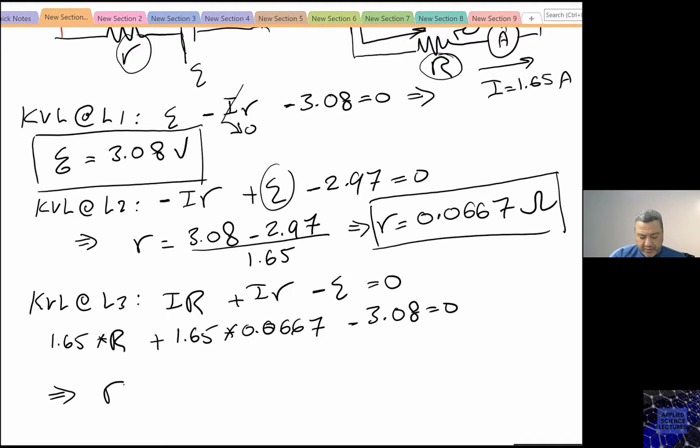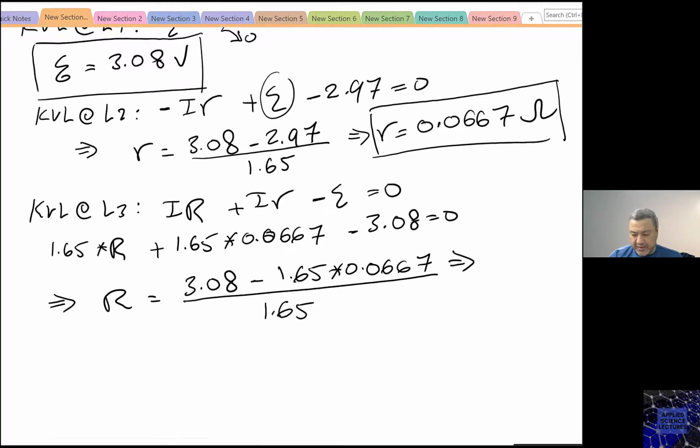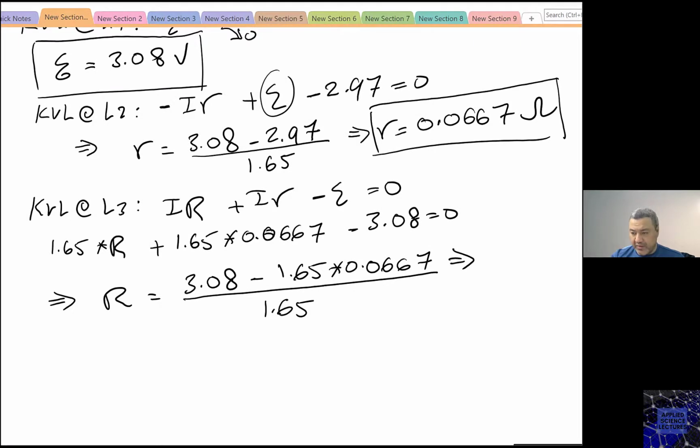Then R is 3.08 minus 1.65 times 0.0667 divided by 1.65, and in this case R is 1.8 ohm.